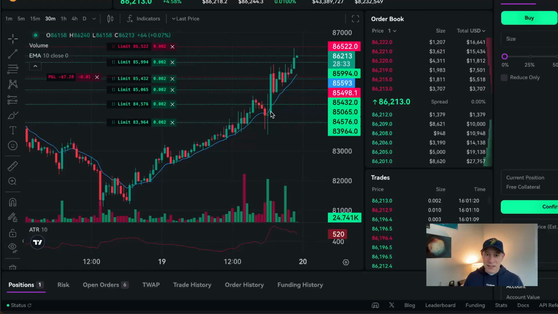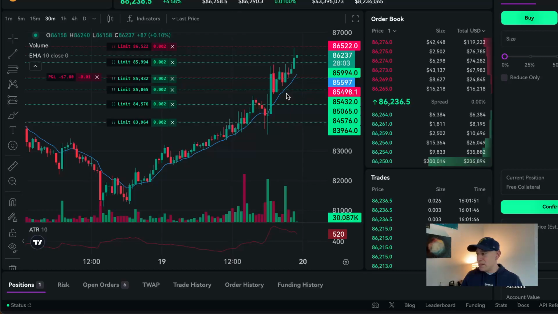But if volatility spikes up like it did here right around the Fed announcement time, where the ATR jumped from 400 to 520 in a matter of 15 minutes, and we saw price move up almost 1% over that time period, just hold off on placing any new bids. Wait for things to calm down a bit, and then in this market right here, it might be a better time to start placing those bids and asks. So that's going to be one thing to consider.